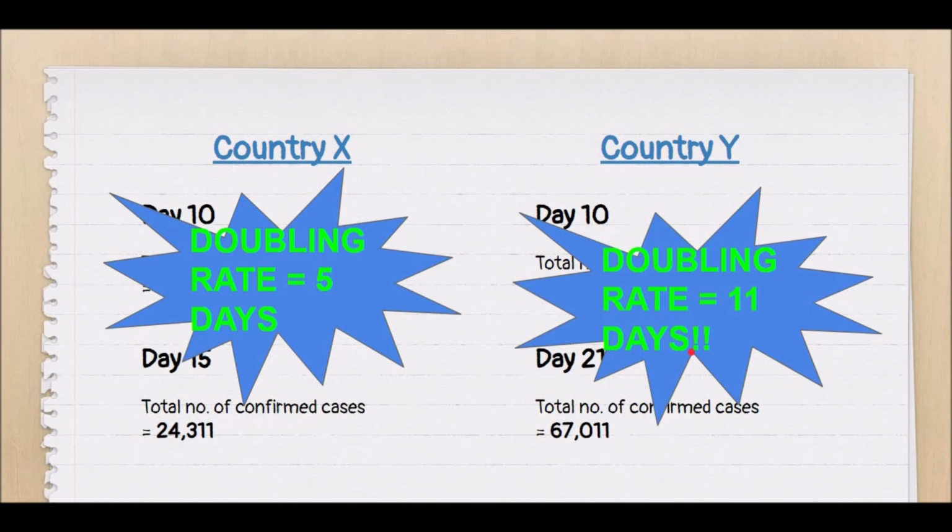So it shows that in country Y the disease is spreading much slower than in country X. It means that country X needs to implement something to slow down the spread of the virus, and country Y has a slower growth rate for the virus in comparison to country X.